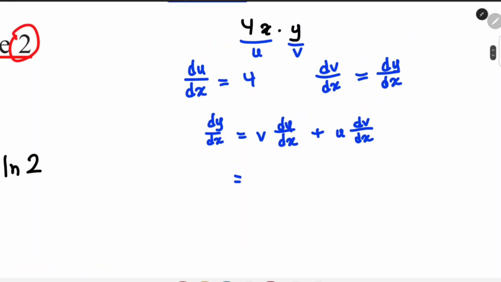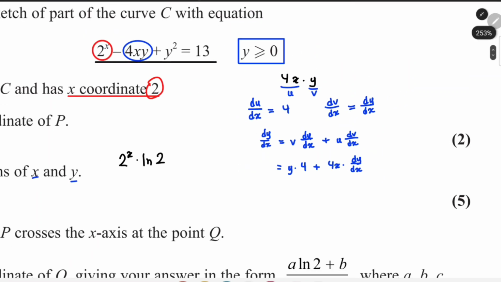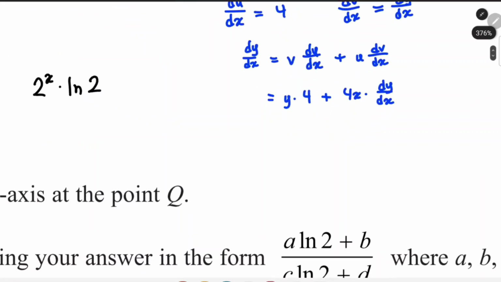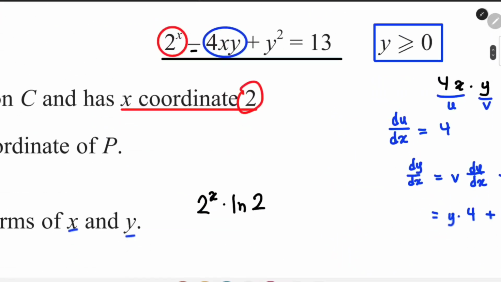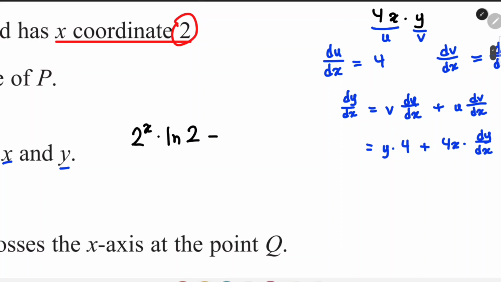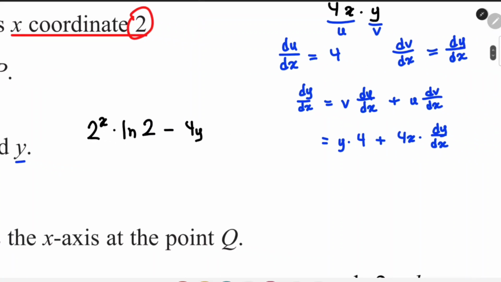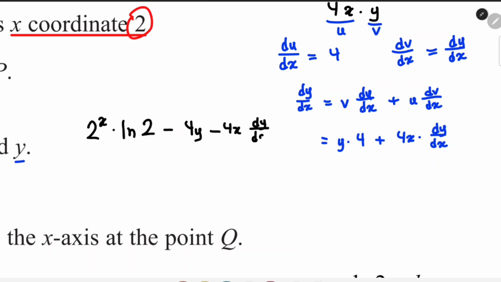So v over here is y times du/dx, which is y times 4, plus u dv/dx, which is 4x multiplied by dv/dx, which is just dy/dx. So this is the differentiation of the second term. We have a minus in front, so we'll just apply it. So minus 4y minus 4x dy/dx.